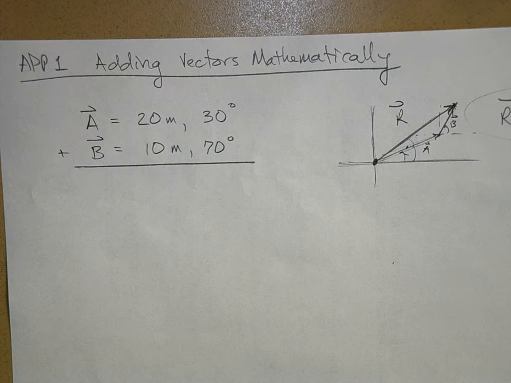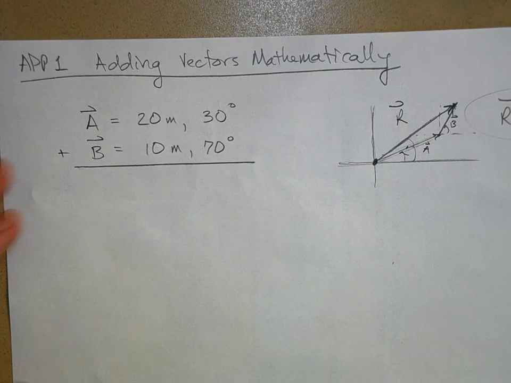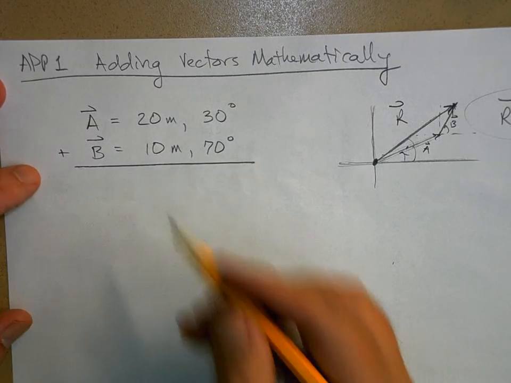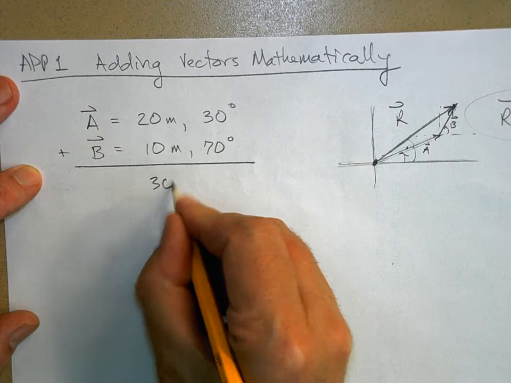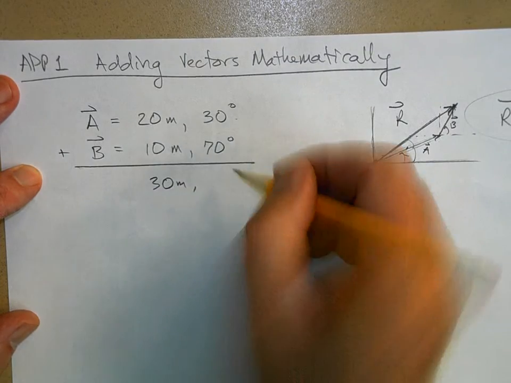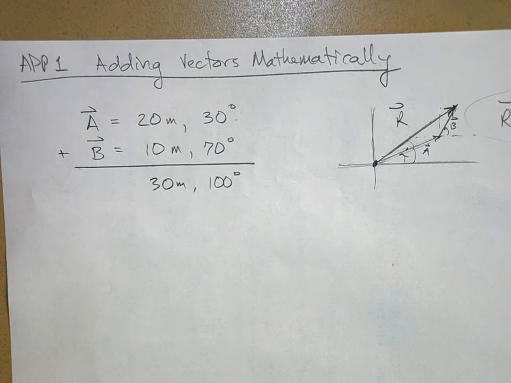And please don't do this. Don't even write this down. It'll break my heart if I see it in your notebook. Oh, well, 20 meters plus 10 meters, that's 30 meters. And then 30 degrees plus 70 degrees, that's 100 degrees. There's my answer.